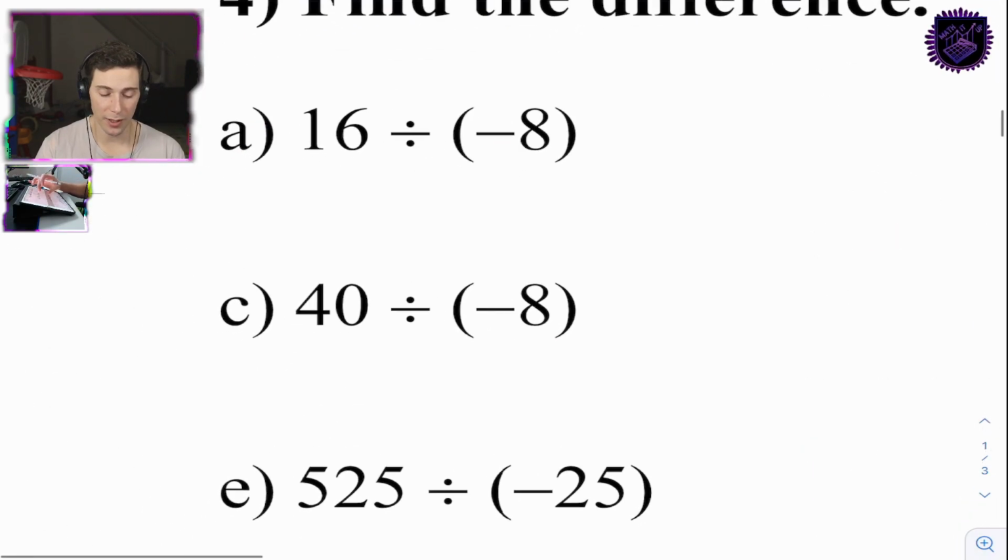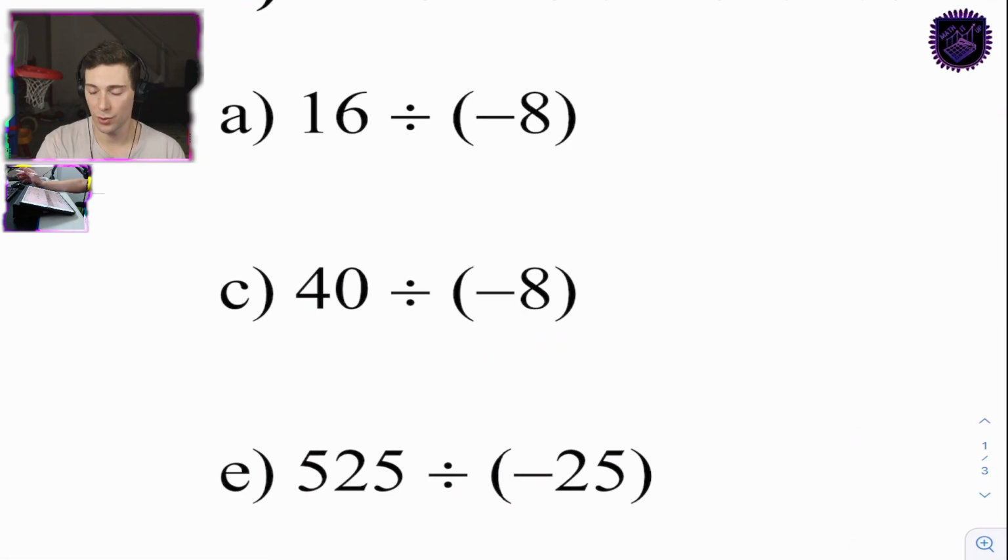Division, same rules as multiplication. Negative divided by negative is positive. Positive divided by negative, or negative divided by positive, is going to be a negative answer. And we just simply apply those rules and use the usual conventions of division. So for A, 16 divided by 8 is equal to 2.